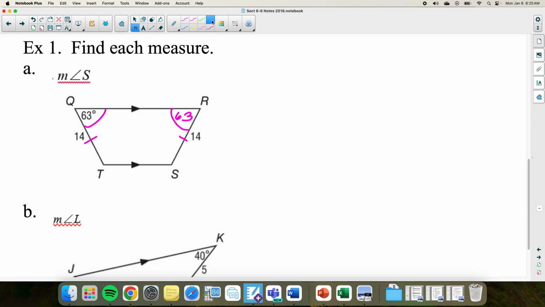Consecutive interior. And what do we know about consecutive interior? They're supplementary. Very good. So do you get that angle S would actually be 180 minus 63, which is 117. And that is what they're asking us here.